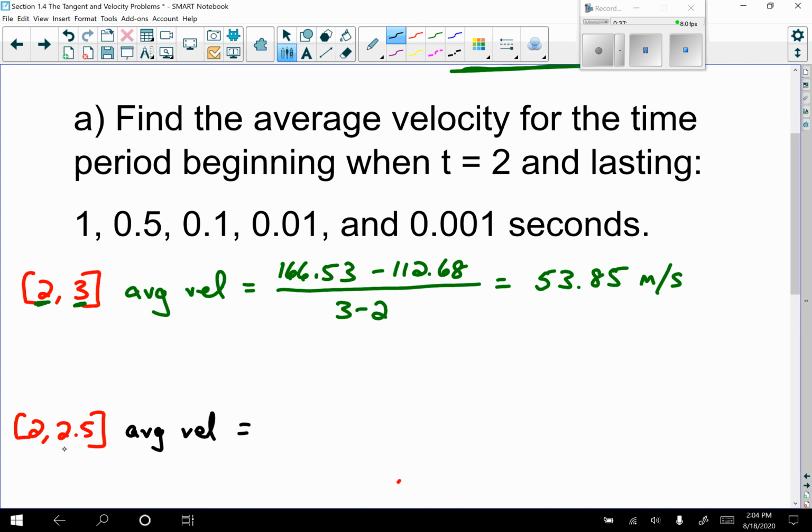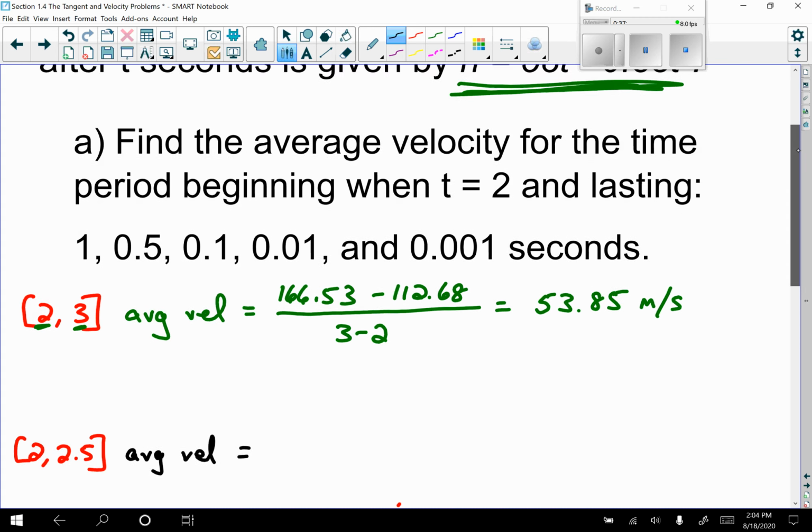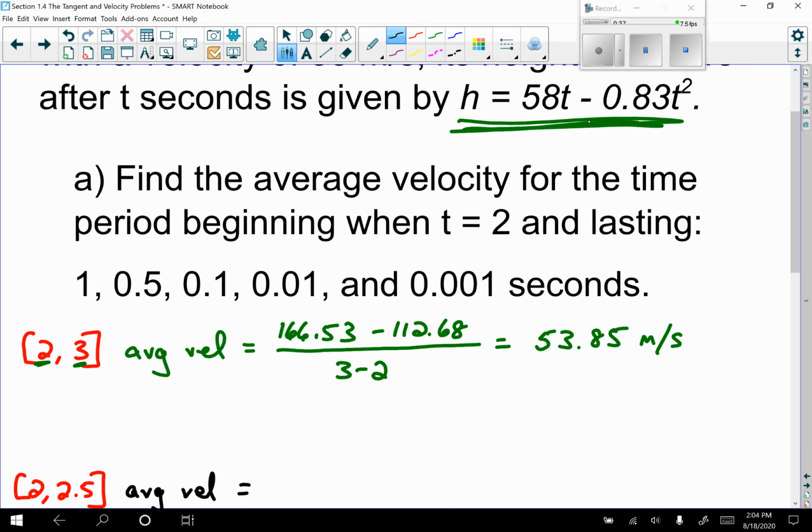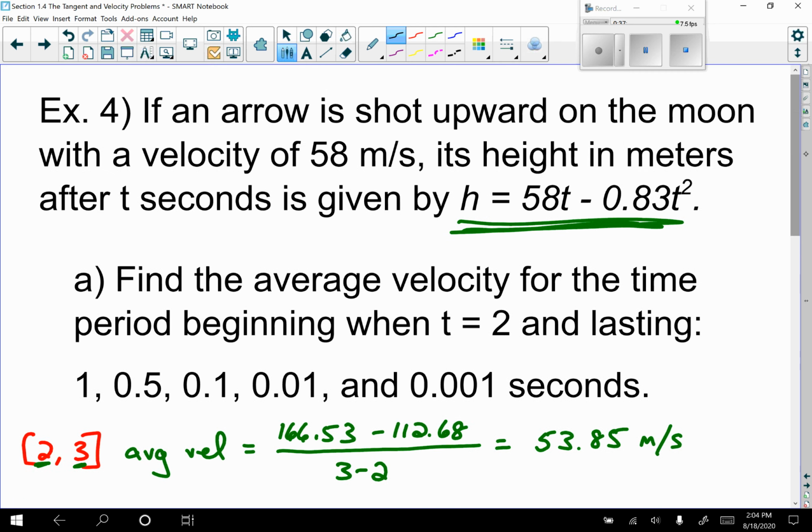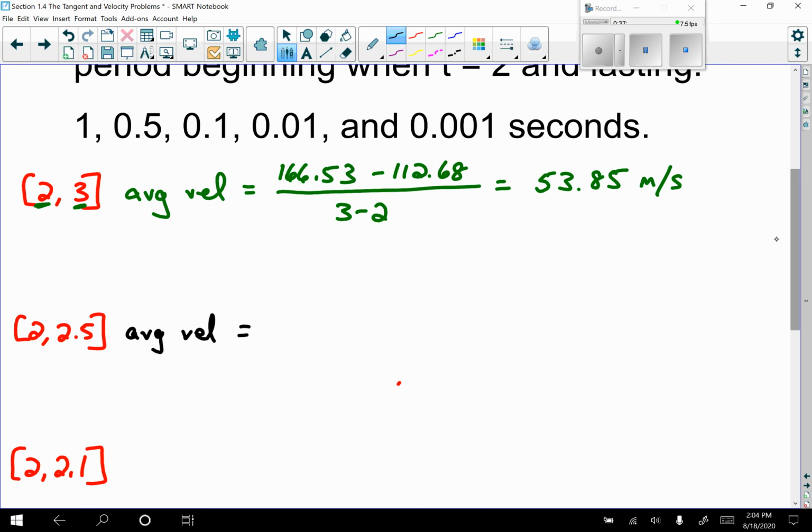So right now go ahead in your calculator, type in the 58 times 2.5 minus 0.83 times 2.5 squared. Pause the video as you do that. And you should be getting, this one I'm going to carry out a little further based on what my calculator showed, but as long as you're close enough, 139.8125, and then we'll subtract the 112.68, and then this will just be over 2.5 minus 2.